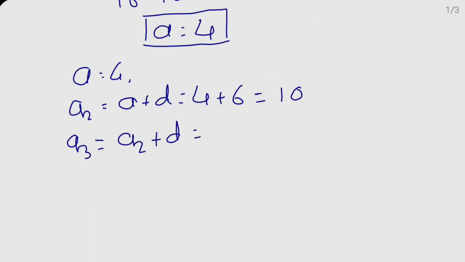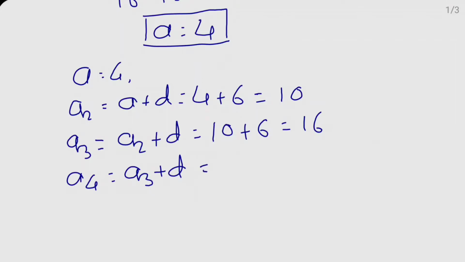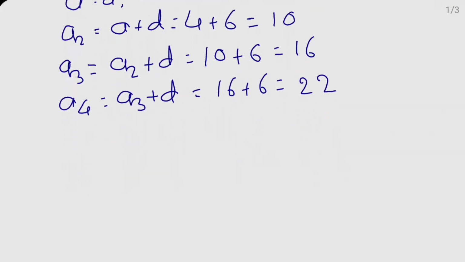So what is a2? 10 plus d is 6. So here 16. So next a4. So a4 equals a3 plus d. So what is a3? 16 plus d is 6, and adding these two, we got 22. So now write down the AP here.